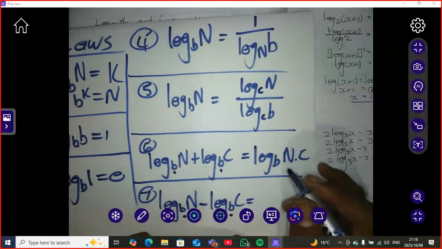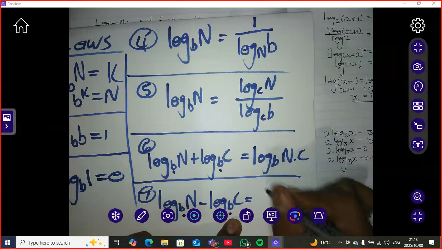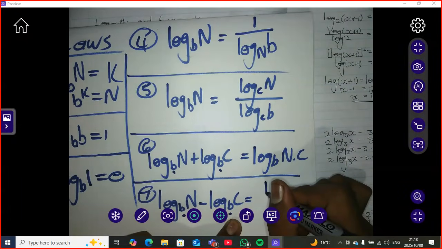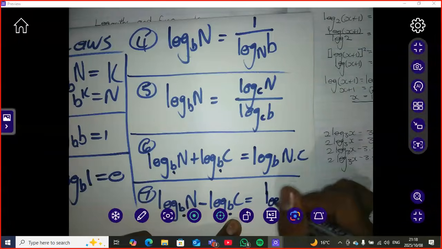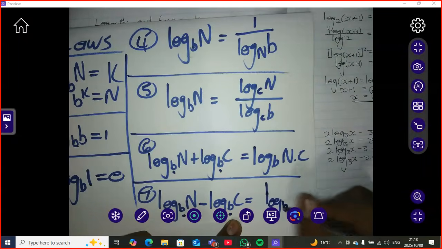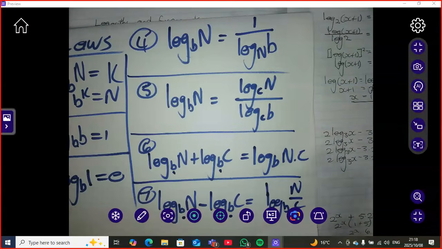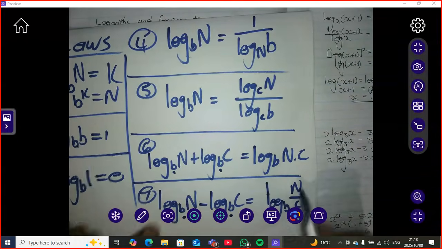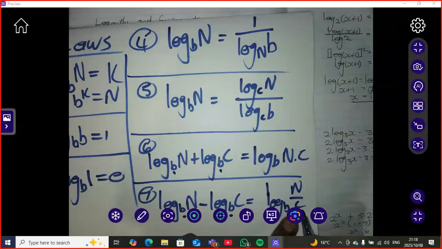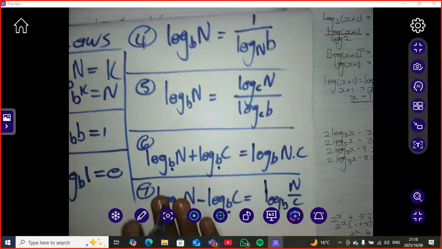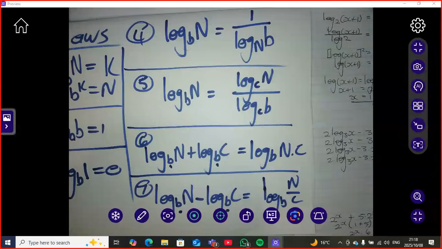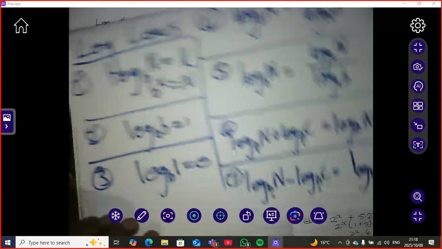So what I do here is I say log b n over c. So the positive log goes on top, the negative log goes at the bottom. So these are my log rules.